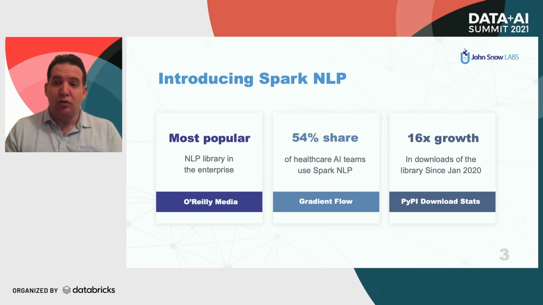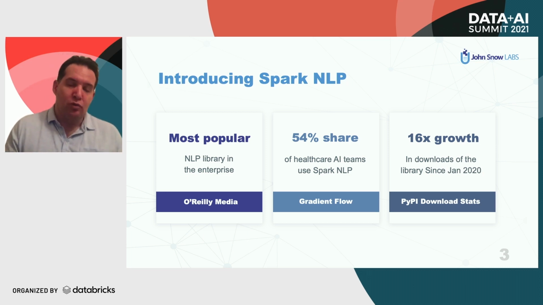And the last thing to note, and really this is a thank you to the community overall, we've seen a 16x growth in the number of downloads of Spark NLP just from January 2020 to April of 2021. So it's 16x in exactly 16 months, and we just announced crossing the 5 million downloads milestone last week.